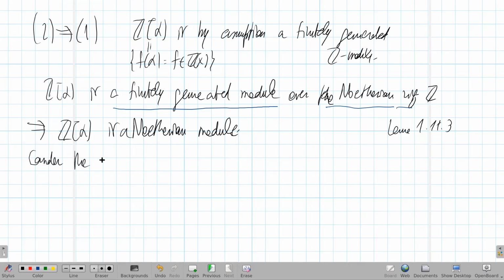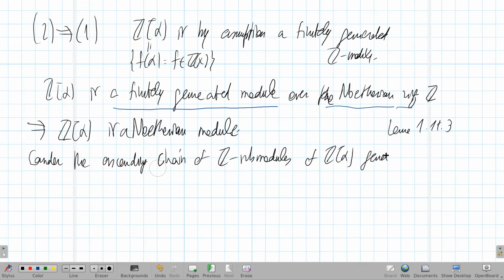the ascending chain of Z-submodules of Z[alpha] generated by first 1, so the multiples of 1, then 1 and alpha, then 1, alpha, alpha squared, and so on, up to alpha to the k.